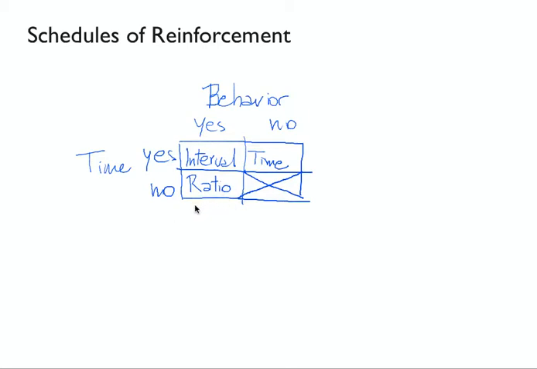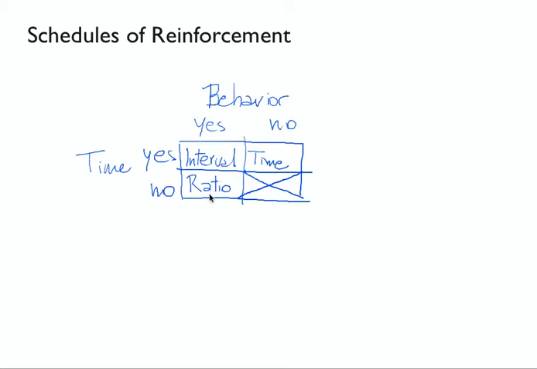Contrast that against a ratio schedule. In a ratio schedule, reinforcement is completely dependent on behavior. So when you're biking to a particular place, or you're walking to a particular place, how fast you get there depends on how fast you walk.